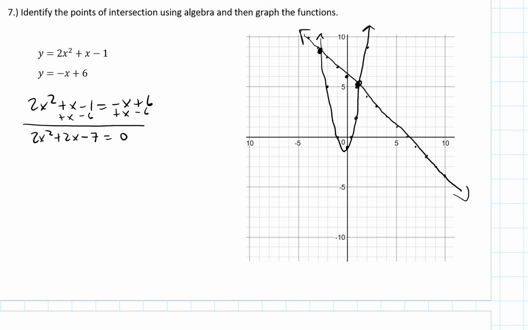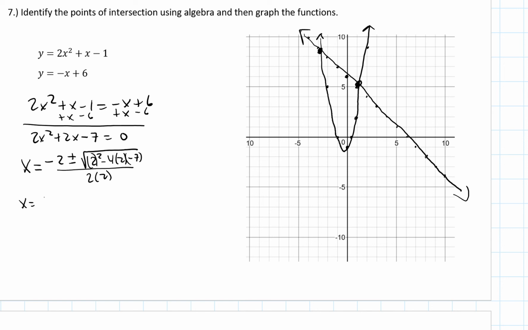Now, normally we would factor these, but this particular problem I don't think is going to factor. So we have to use the quadratic formula. So x equals negative 2 plus or minus the square root of 2 squared minus 4 times 2 times negative 7, all divided by 2 times 2.